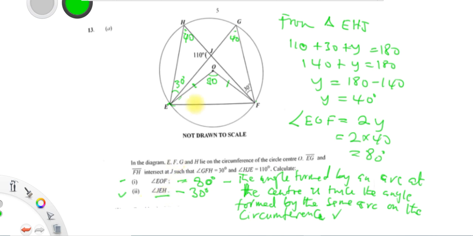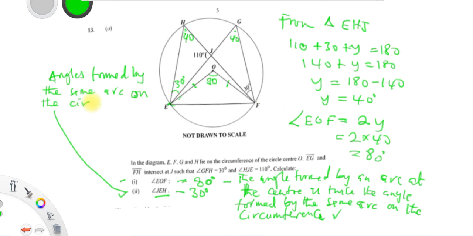This one, where did we get the 30? The angles formed by the same arc on the circumference are equal. So you state that angles formed by the same arc on the circumference are equal, guys.